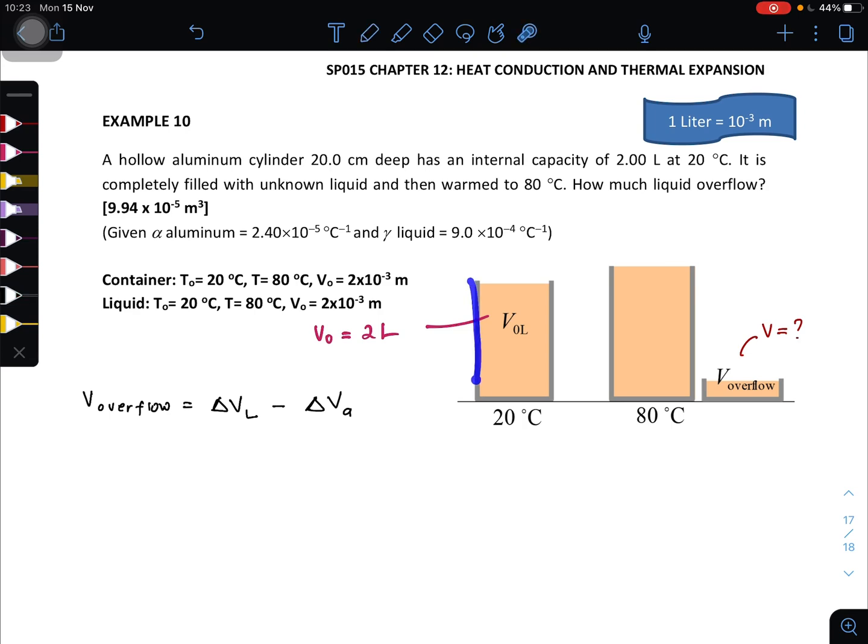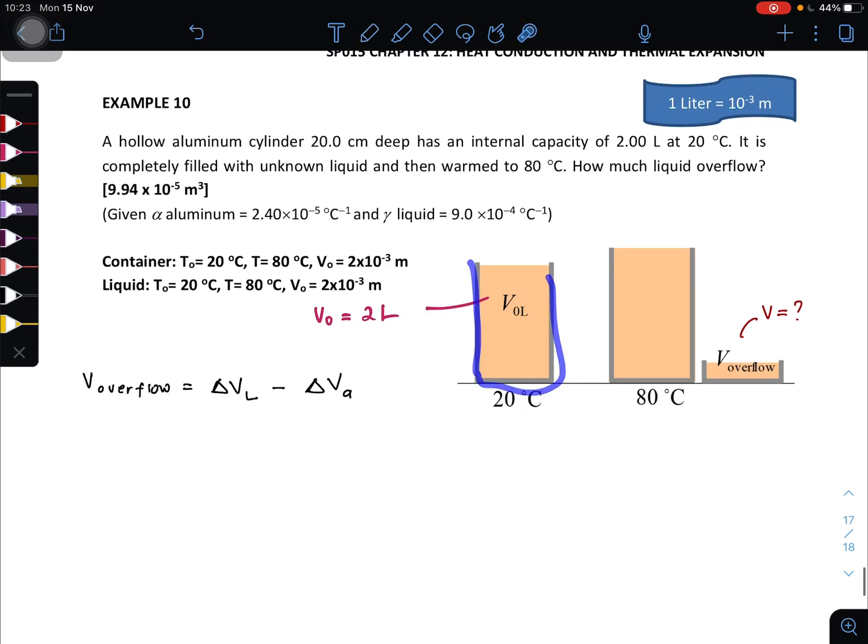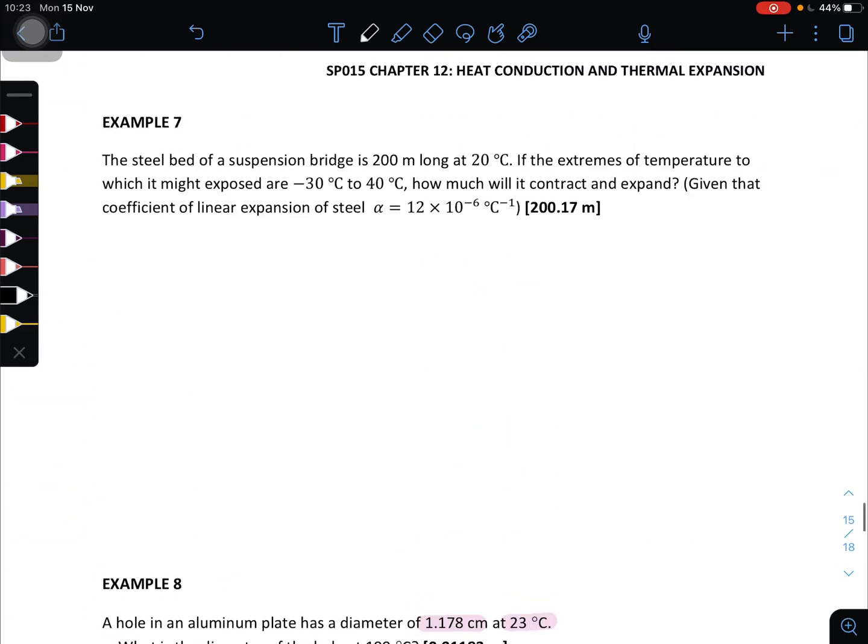Okay, for this cylinder. Okay, so now we need to each find this one first, di mana delta V adalah sama dengan, okay, let's see the formula here.